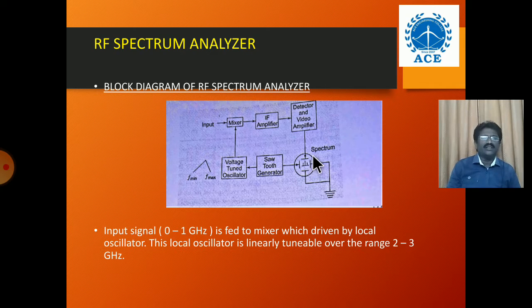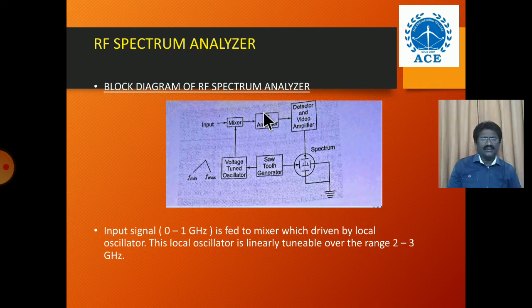Actually, the spectrum analyzer also has a CRT. Your vertical amplifier provides signals to the vertical deflection plates of the CRT. It is observed that as the sawtooth signal sweeps, the local oscillator also sweeps similarly from 2 to 3 gigahertz.